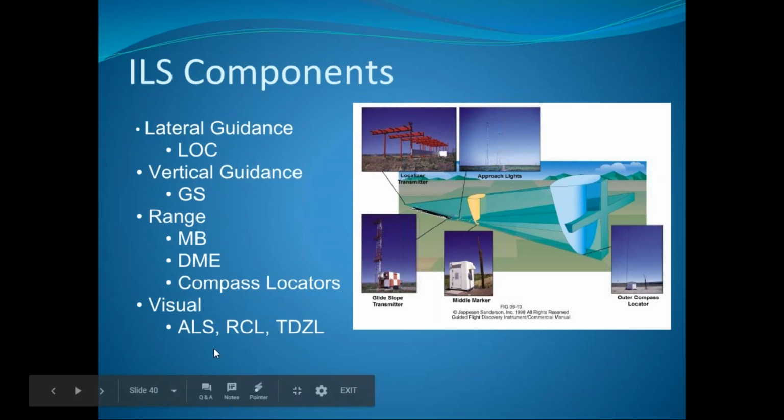When we talk about the localizer, we're talking about the horizontal deviation from the runway. The glide slope provides us the vertical guidance, so how high or low we are in reference to the touchdown zone or touchdown point of the runway.